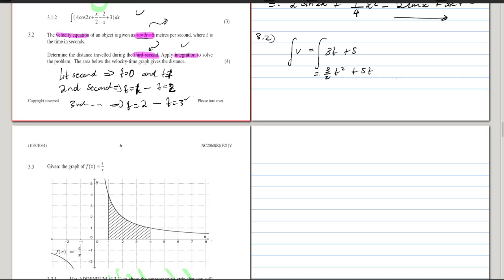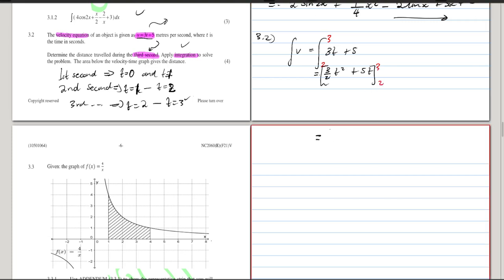So it means that this is not going to be an indefinite integral and it's not just us substituting t as 3. It's the third second, not after 3 seconds. So we're going to have boundaries of 3 and 2 right here. After integrating, we're going to have the boundaries again, 3 then 2.